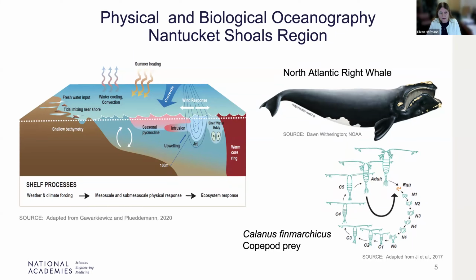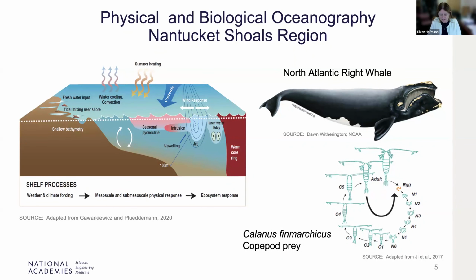All right, so as shown at the bottom of the schematic, changes in the oceanography can produce changes in the ecosystem. The focus for the Nantucket Shoals study, for the biology and the ecology, was the critically endangered North Atlantic right whale, which is shown on the slide here, and its interactions with its copepod prey, specifically Calanus finmarchicus, and the life cycle of Calanus finmarchicus is shown in the lower right-hand side of the slide here.